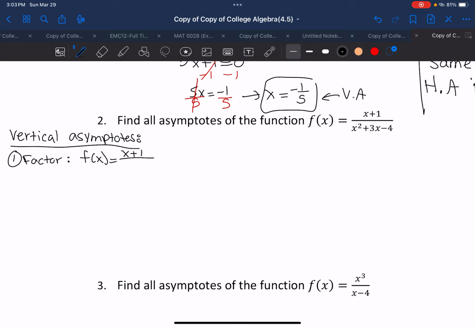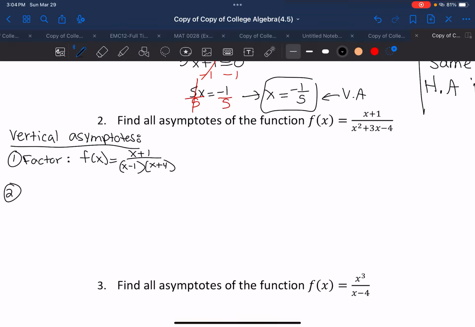X plus 1 can't be factored anymore. And x squared plus 3x minus 4 can be factored to x minus 1 and x plus 4. Okay, but nothing simplifies. They don't have any factors in common, so we're good.